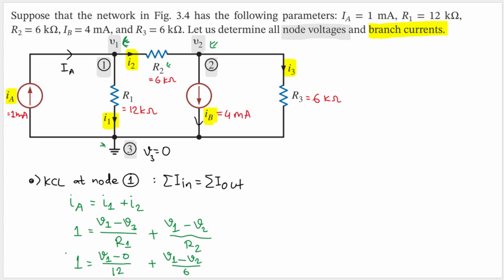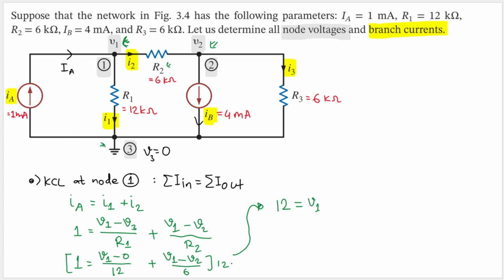Now I want to get rid of all the denominators by multiplying both sides by 12 because they will cancel out each other, right? So 12 will cancel each other. 6 and 12 will cancel into 2. So on the left hand side, I will have 12 here, and that will equal to V1 minus 0, which is just V1, but then 12 and 12 will cancel each other, so we will have V1 here. Good.